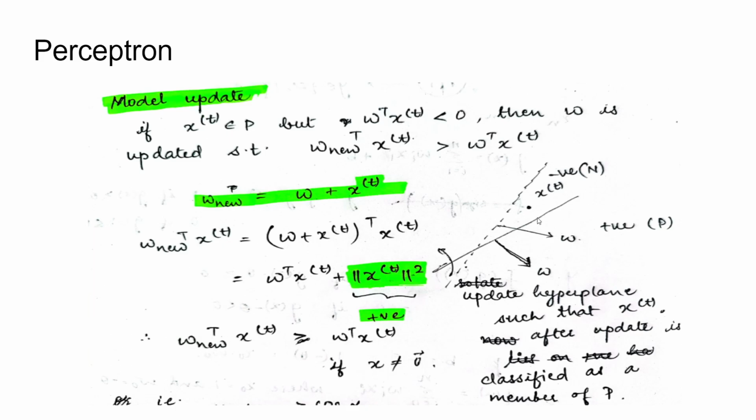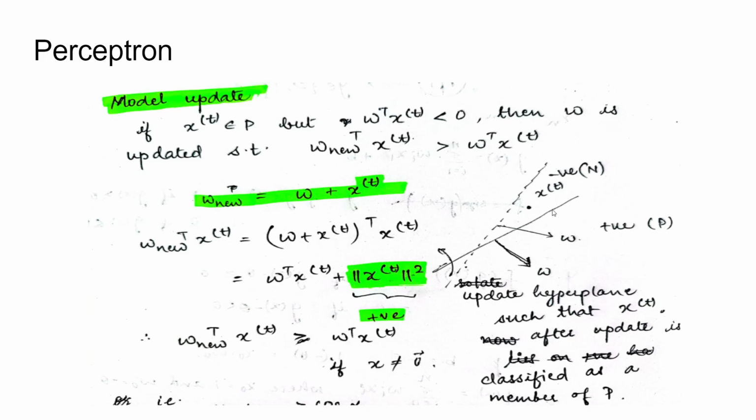Now to visualize what is actually happening, suppose this is your initial w. We have to update the hyperplane such that x of t after update is classified as a member of positive class p. Now this is the input x of t, this is the initial classifier w, and this is where the positive class p is.